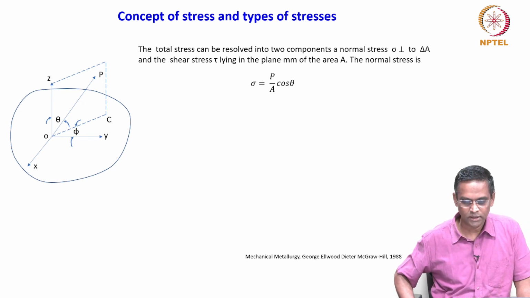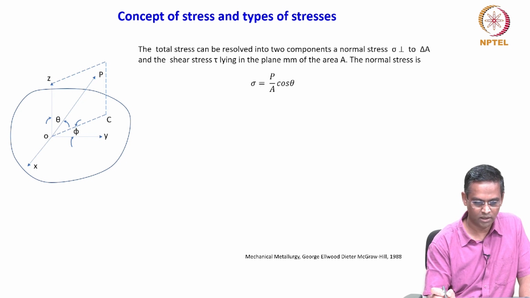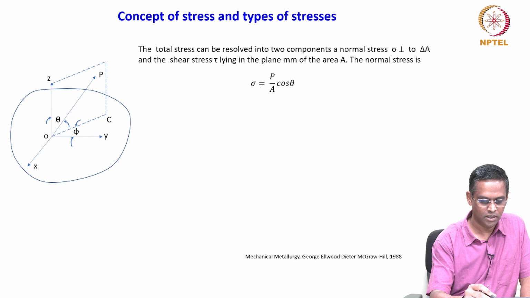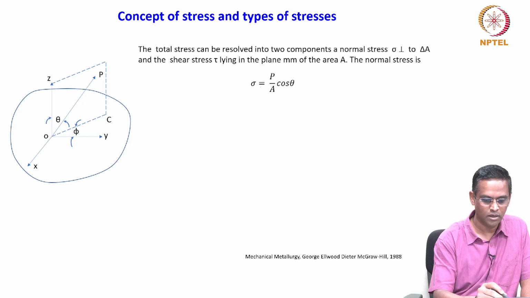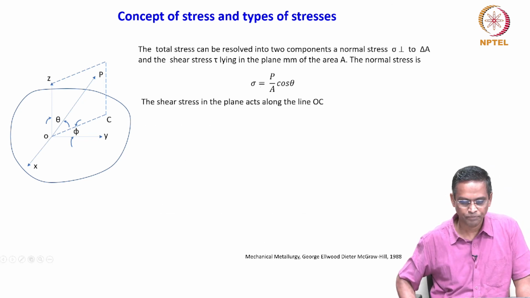We now say that sigma, the normal stress, is equal to P by A cos theta. This is P and this is the angle between these two. We are looking at a normal stress, that means it is normal to this plane, so it will have this theta component. That is why it is P by A cos theta.